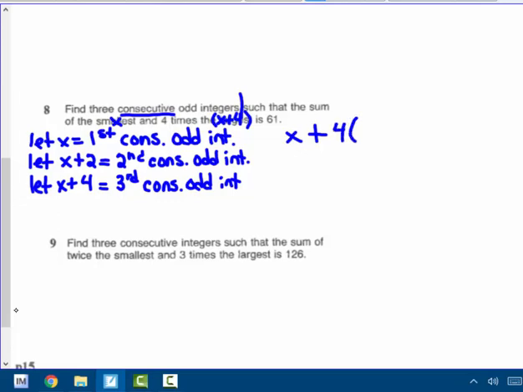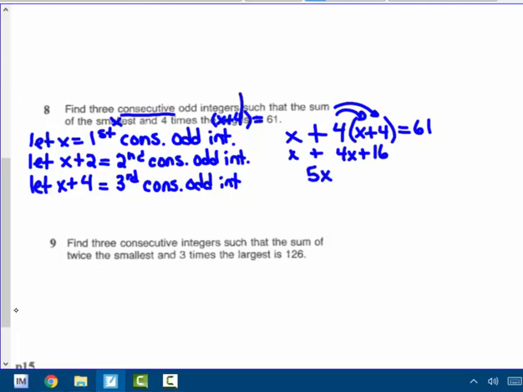So this is a distributive like terms problem. The sum of the smallest, x, and 4 times the quantity x plus 4 is, that's the equal sign, 61. So I'm going to distribute first, and I get 4x, and 4 times 4 is 16, and x plus 4x gives me 5x.